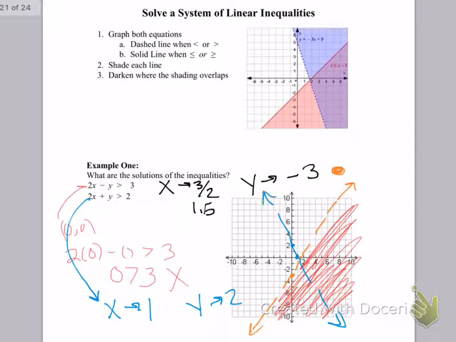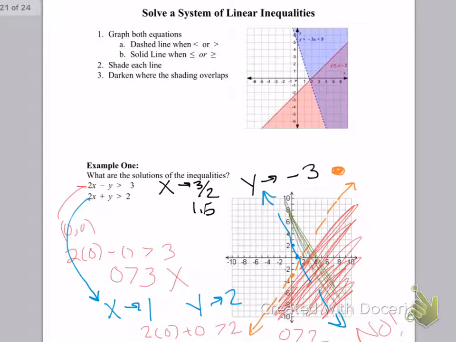Don't forget those arrows. All right, let's test our 0, 0. So we got 2 times 0 plus 0 is greater than 2. Well, is 0 greater than 2? No, it's not. So we're going to shade in beautiful green the other side of 0, 0.